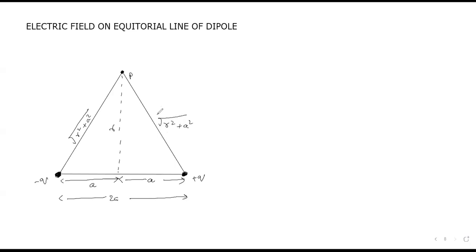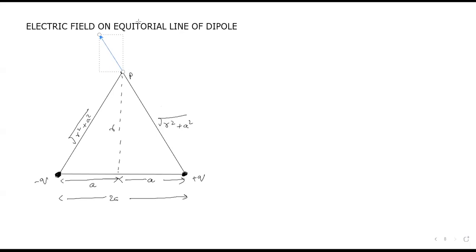Now we are going to draw the direction of the electric field at point P due to the plus Q charge. We already know that due to the plus Q charge, the direction will always be away from the charge.